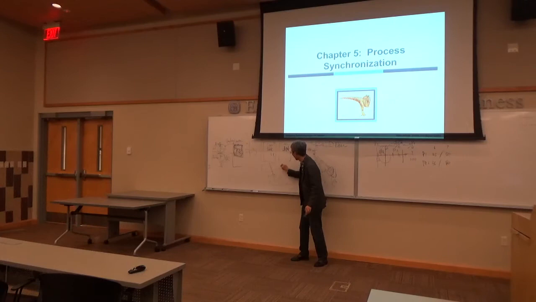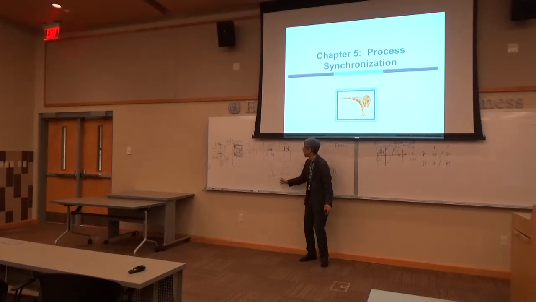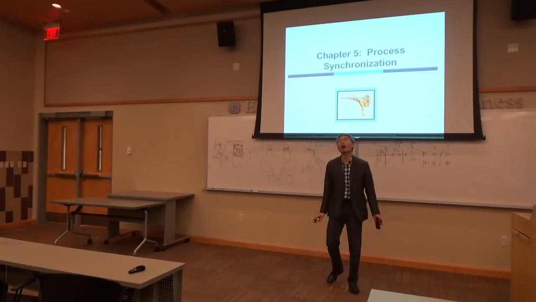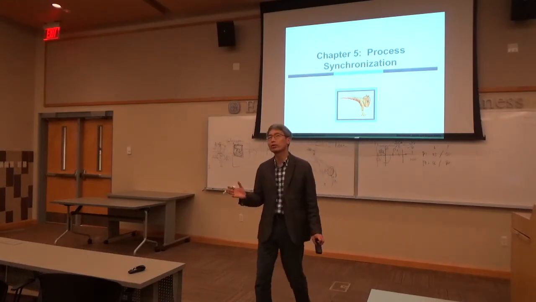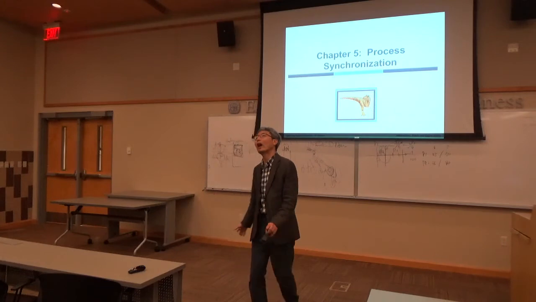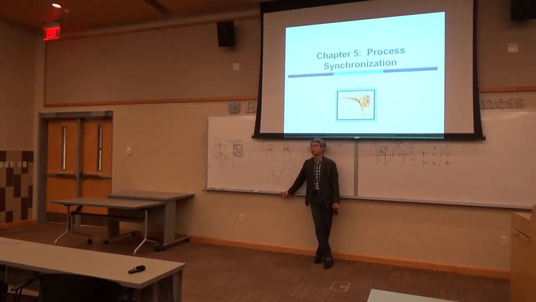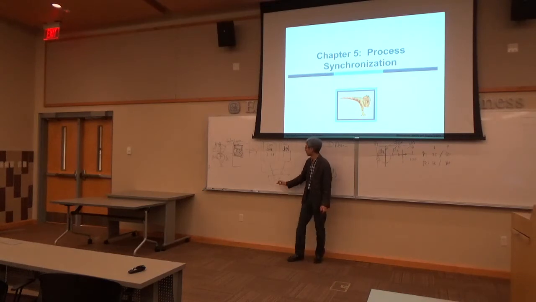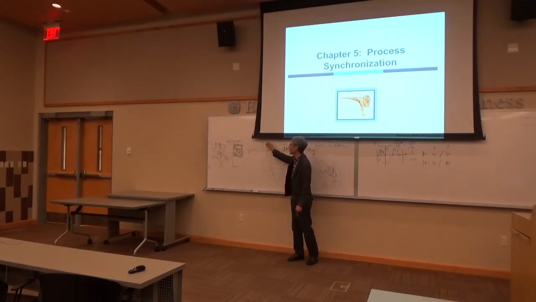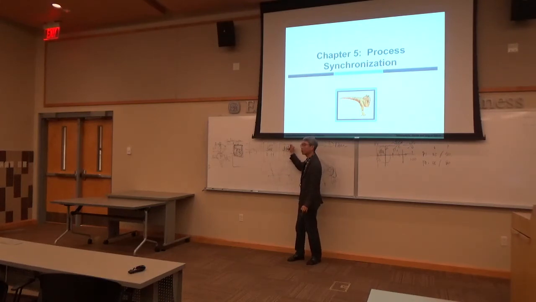So if both of them are executed at the same time, what will be the output? If core 1 reads I and does +1, it will be 6. Then followed by core 2, -1, so it will be 5.